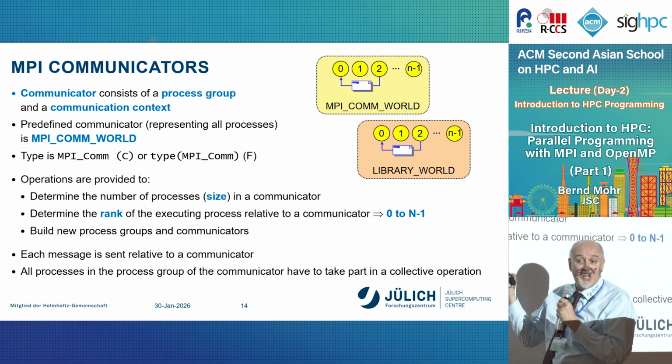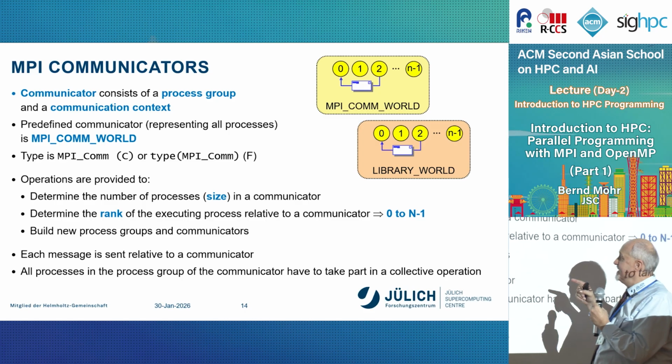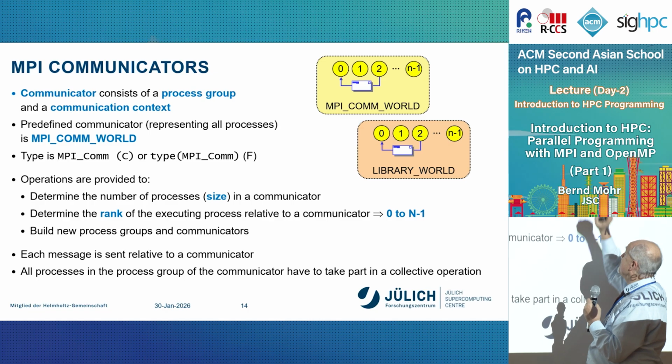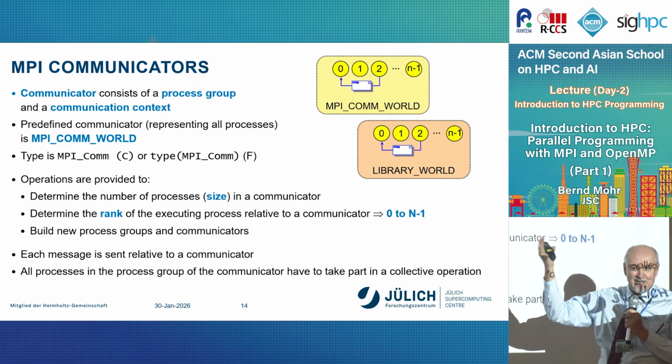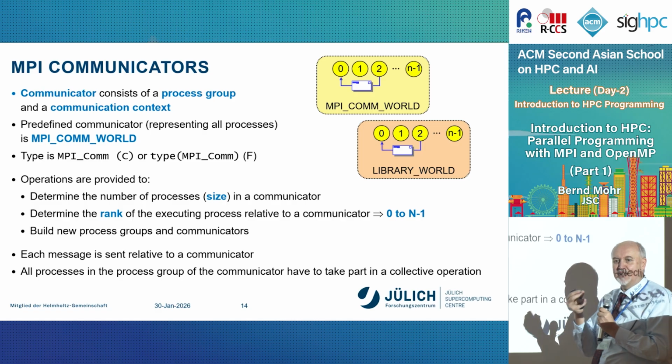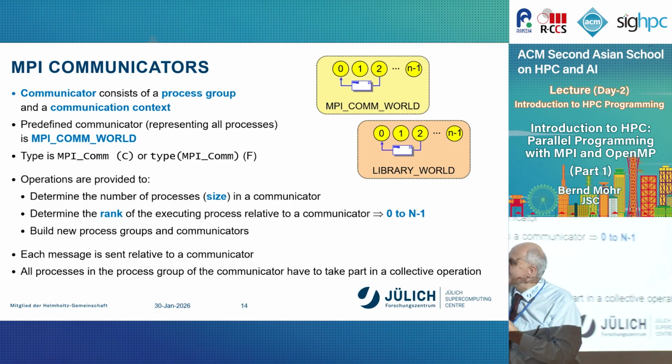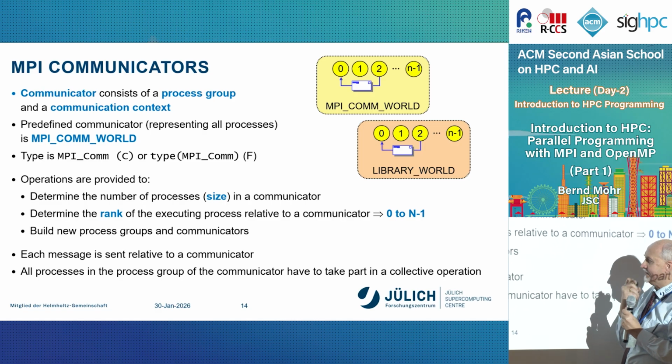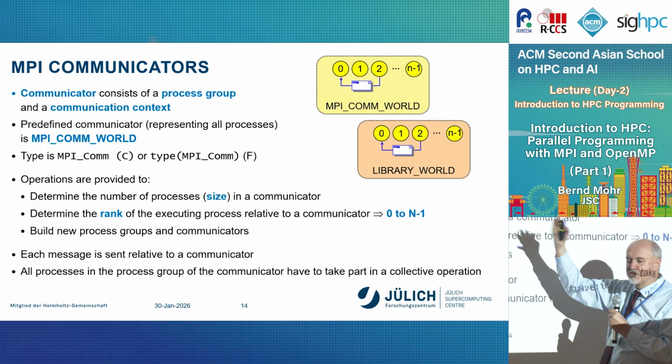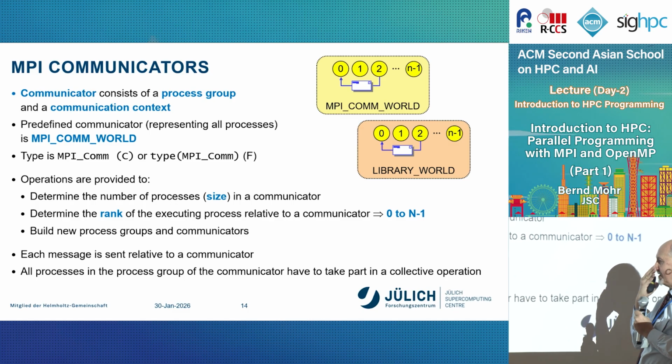Is it 8, is it 10? The second thing is you want to have your number: I'm the first one, the second one, and so on. Your number, your ID, is called a rank. Then you have functions to make new groups and communicators and so on.